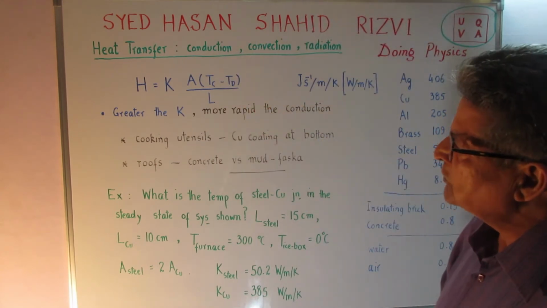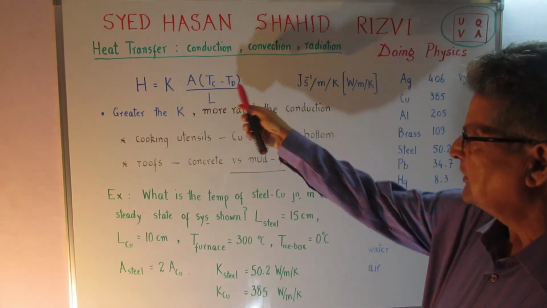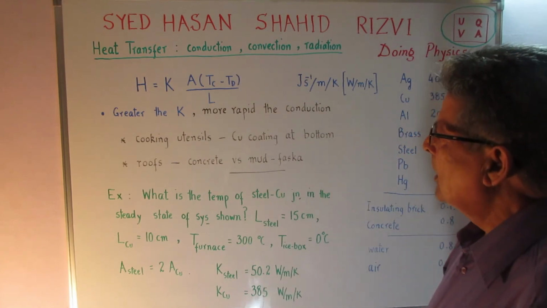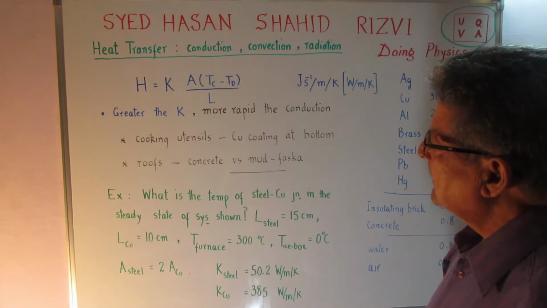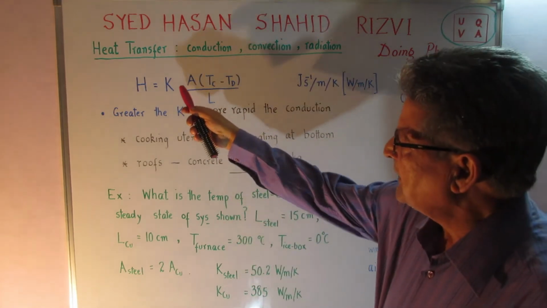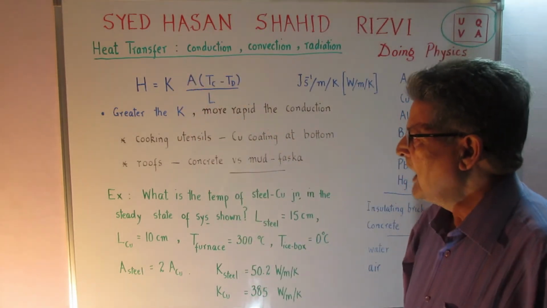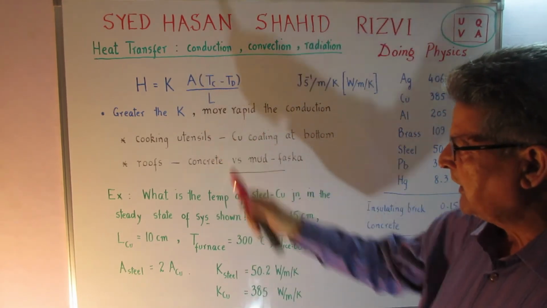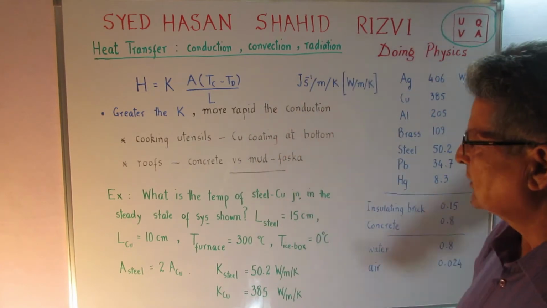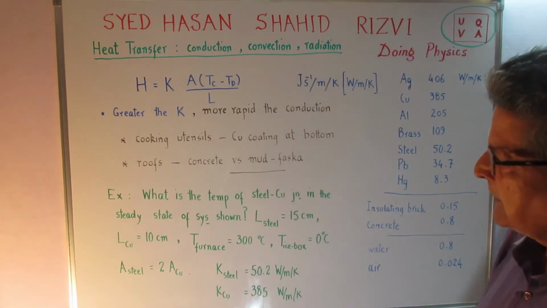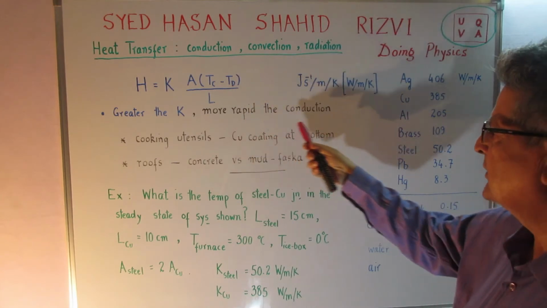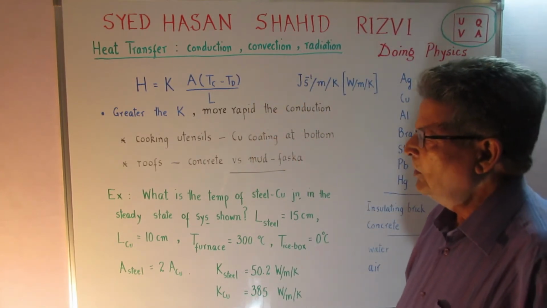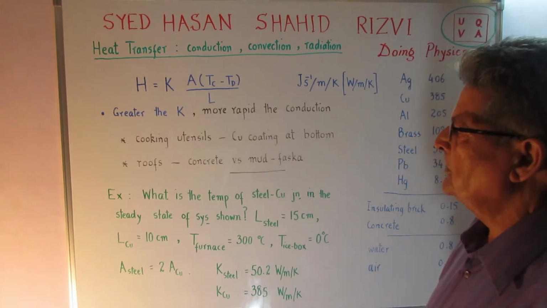Okay, and you see that for a given set of these things, if that is constant, then K will determine as to how rapid is the conduction. Greater the K, more rapid the conduction, and smaller the K, less rapid the conduction. It's very simple.